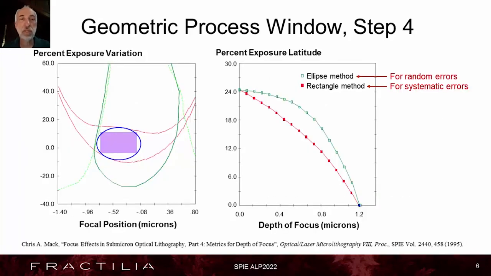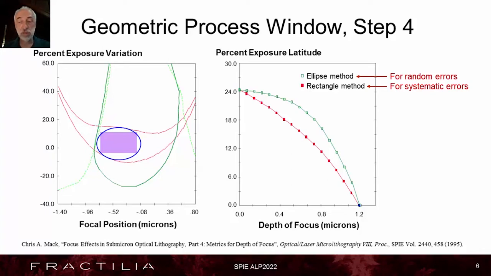The last step, after we've overlapped some specs, so here's a few specs being overlapped together, will be to fit either a rectangle or an ellipse inside that process window and find the maximum width for every given height, for example. And that produces the exposure latitude versus depth of focus curve. The ellipse method is used for random errors, and the rectangle method is used for systematic errors.